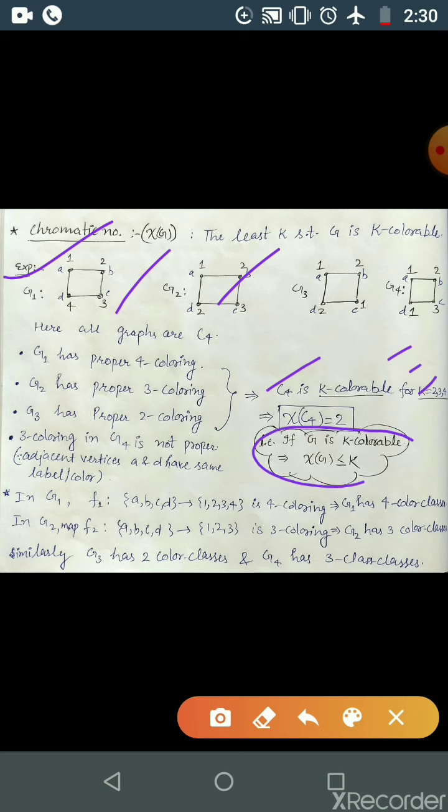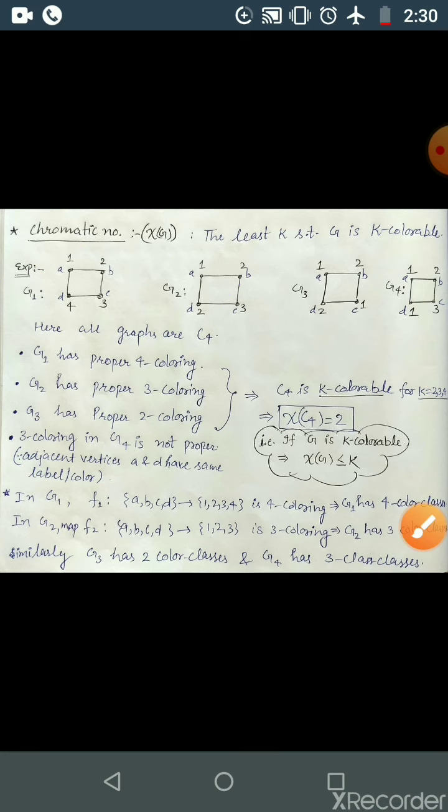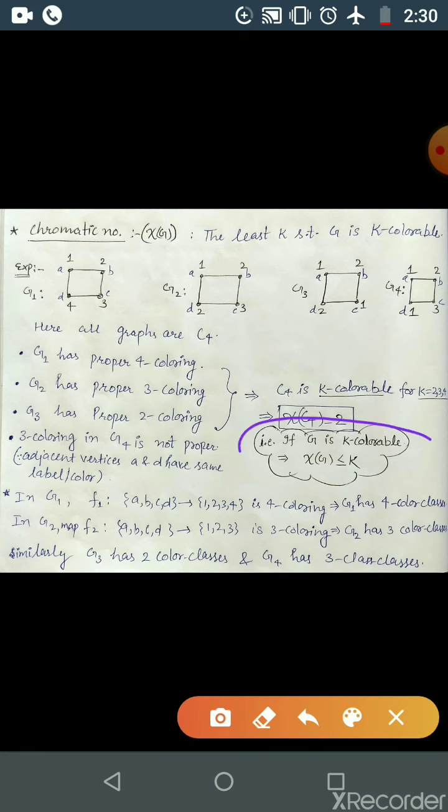If we say C4 is 3 colorable and the chromatic number is 2, then it is less than K. And if we say 2 colorable, then it is equal. So in general, the chromatic number will always be less than or equal to K if G is K colorable.